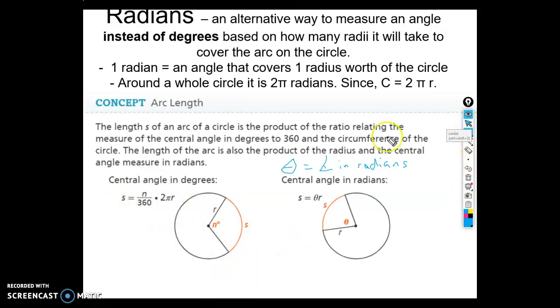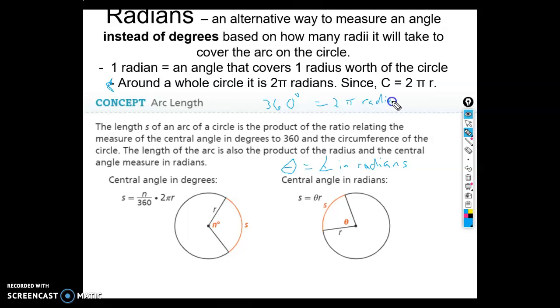So, one reason the relationship between these two formulas is right here, okay? Around a whole circle, it is 2 pi radians, all right? So the distance around the circle is 2 pi radians, so 360 degrees is equivalent to 2 pi radians.